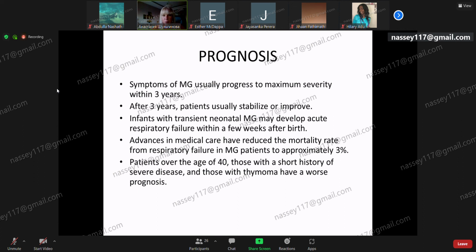After 3 years, the patient is usually stabilized or improved. Patients over the age of 14, those with a short history of severe disorder, and those with thymoma have a worse prognosis. Younger people usually have a long period of remission and can absolutely live a normal life.